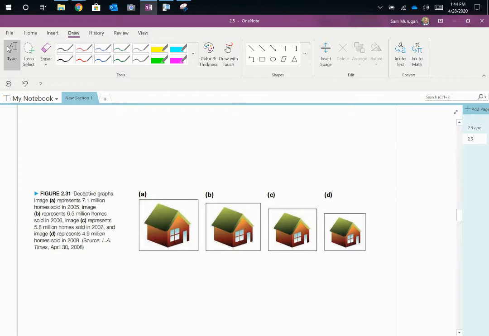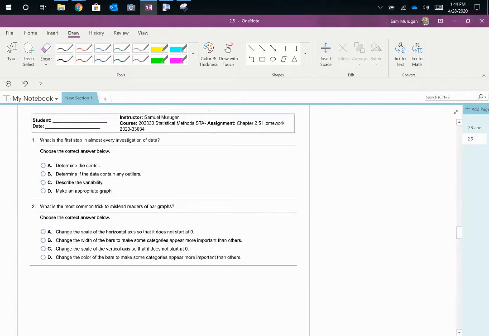All right, so let's speak quickly about the homework here. I'm not going to tell you questions 1 and 2, but the first step in investigating data from your notes is always to make an appropriate graph.